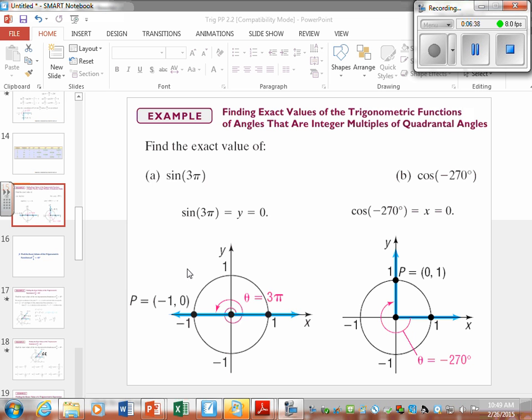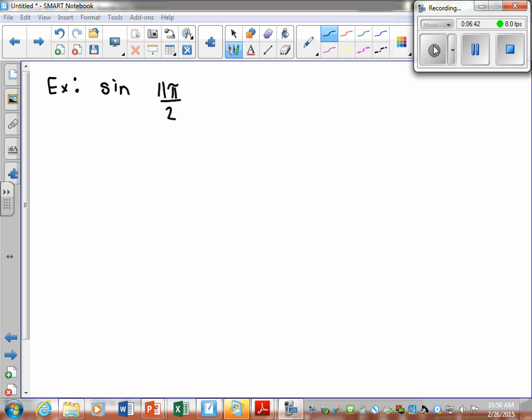So let's see a few examples of these on our own now. Alright, so this first one that I give you is the sine of 11 pi over 2. And your first thought is probably that you don't know what 11 pi over 2 is. I haven't given you a whole lot of information about that. So if you're uncomfortable with the pi, what's something you can do?